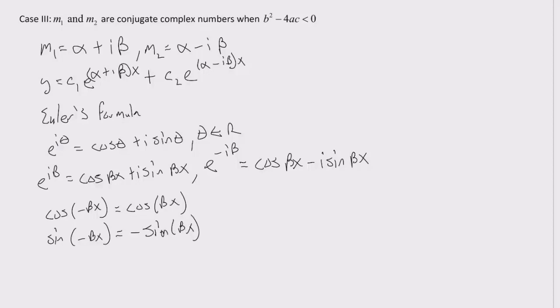Putting that with our e's, if I have e^(i beta x) + e^(-i beta x), that whole expression simplifies down to 2 cosine beta x. And similarly, if I have e^(i beta x) - e^(-i beta x), that simplifies down to 2i sine beta x.